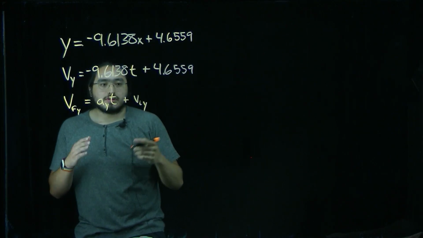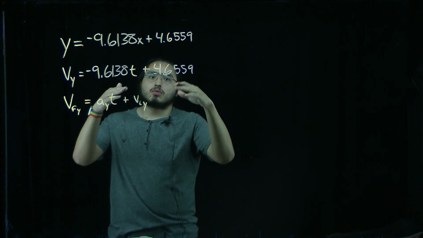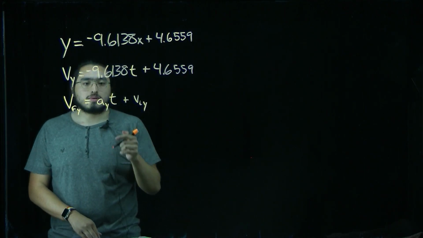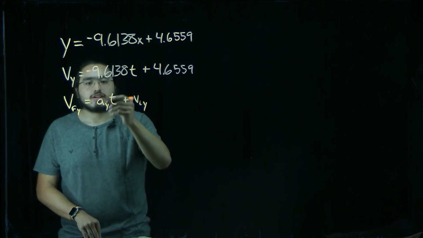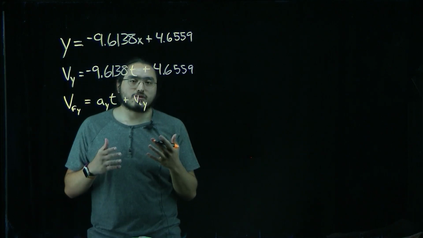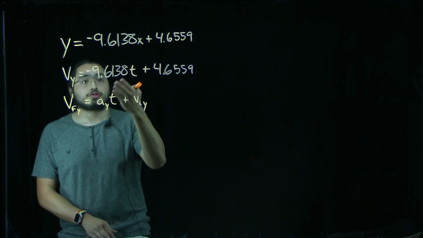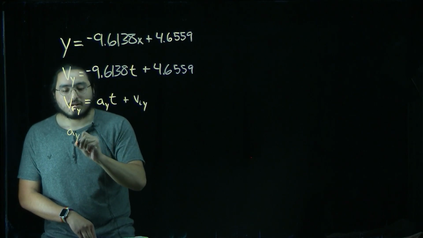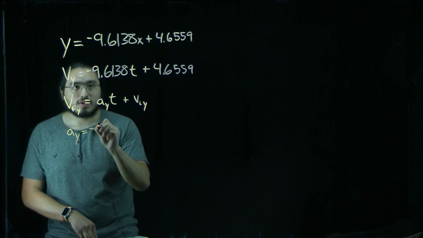And so now it's clearer, we can see what these values mean. We have an acceleration. We know the acceleration in y is due to the Earth's gravity, but now we actually know for sure its value. We're going to write that out as negative 9.61.